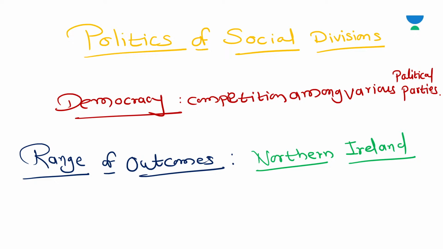Its population is divided into two major sects of Christianity. Now, 53% are Protestants while 44% are Roman Catholics.